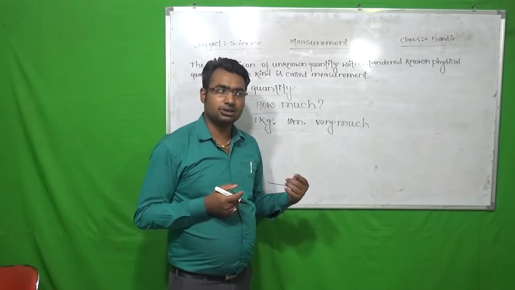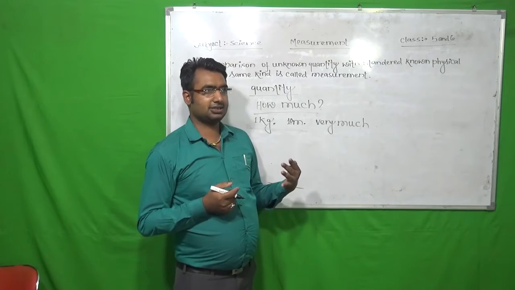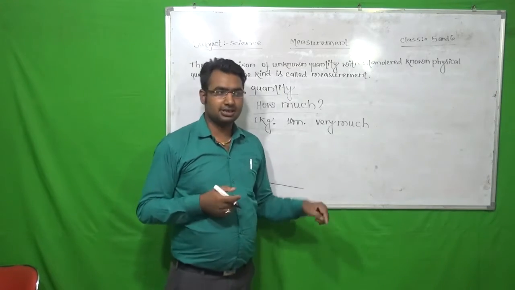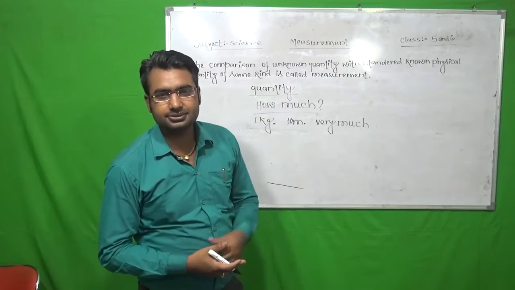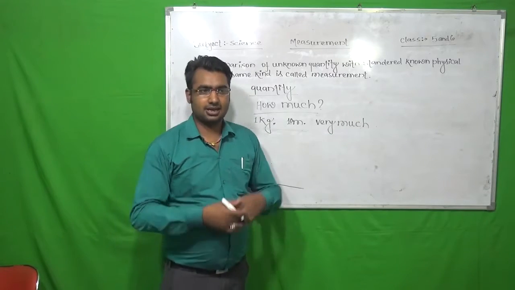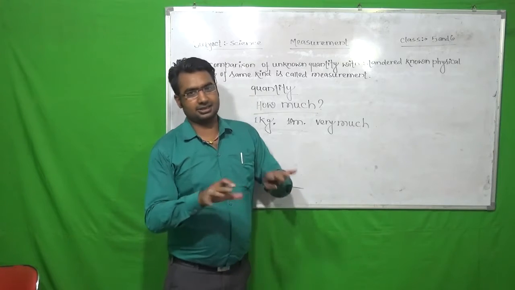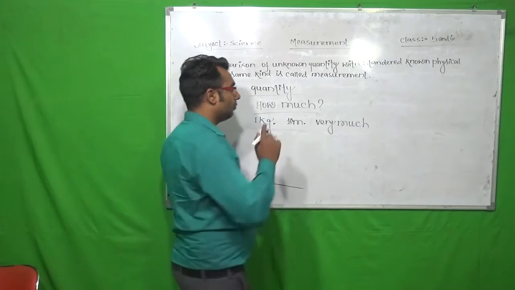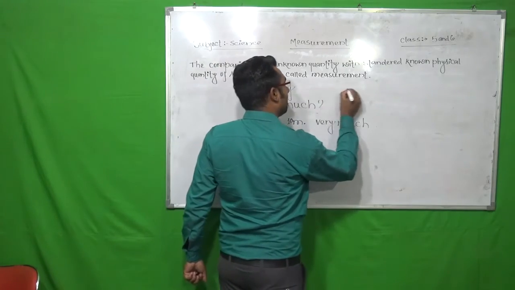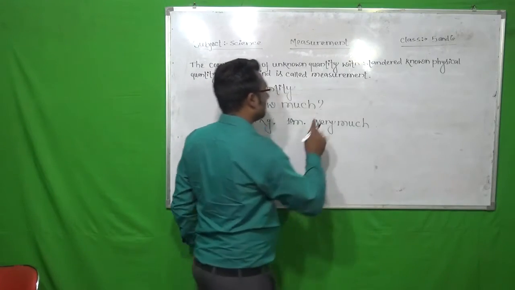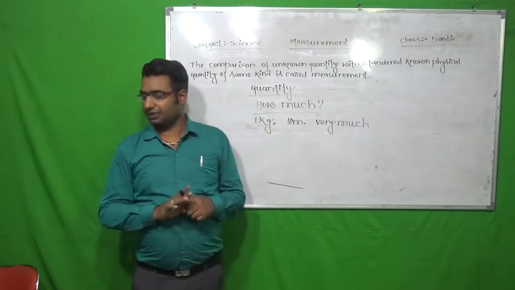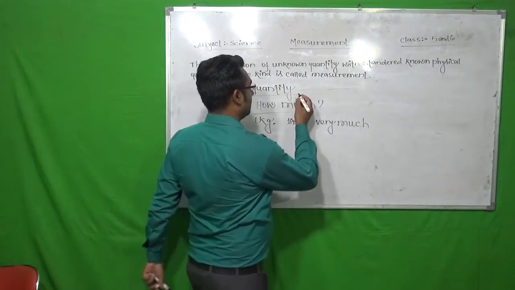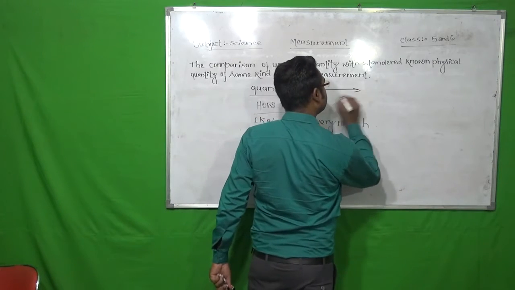We can only express them using words like very much, a little bit, enough, a lot of, like this. Understand? So basically we can divide quantity in two types.